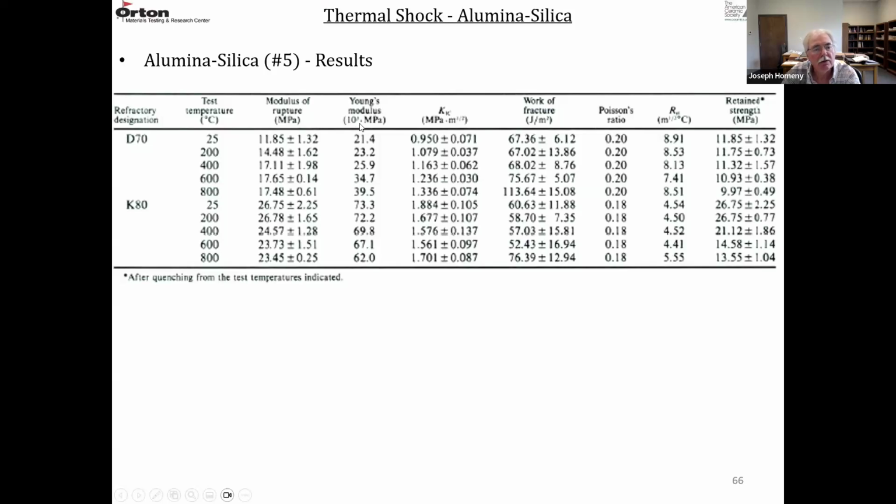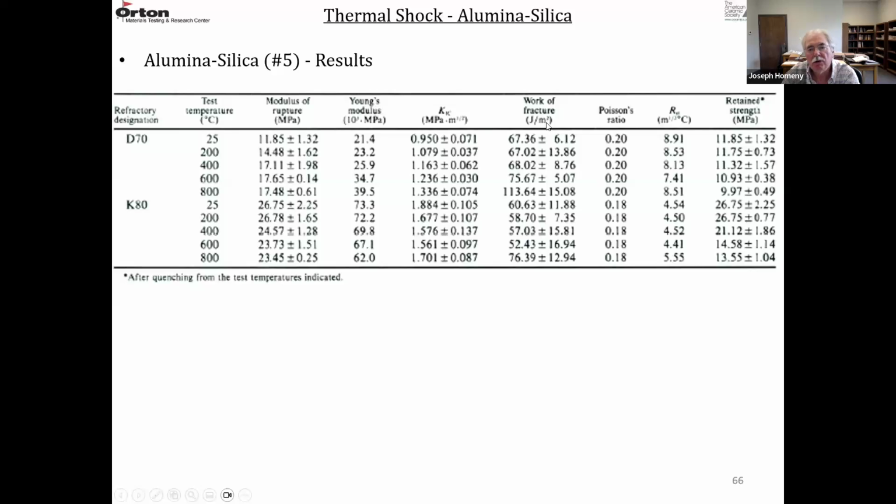And that's times 10 to the 3 megapascals. The K1C in megapascal square root of meters goes from about 1 to 1.3 for the 70%, and then maybe 1.9 down to 1.7 for the 80% alumina.